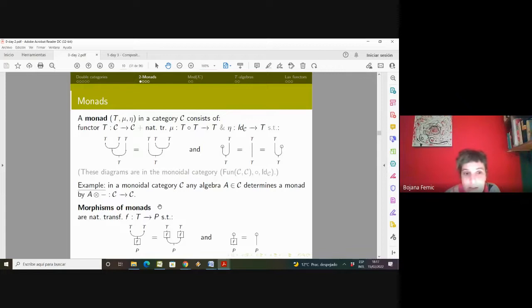Morphisms of monads: as monads here are functors of C, then morphisms will be natural transformations from a monad T to a monad P, such that these natural transformations are compatible with the multiplication of the two monads and with the unit. So these are really the usual axioms.